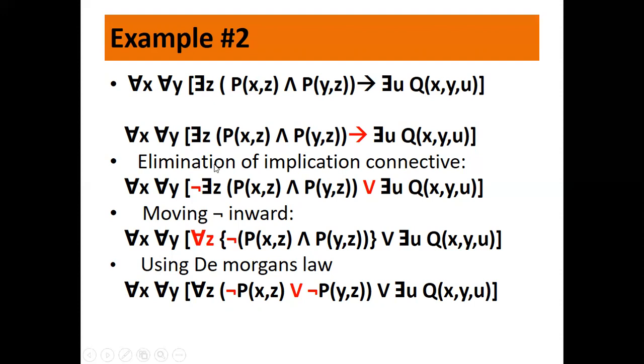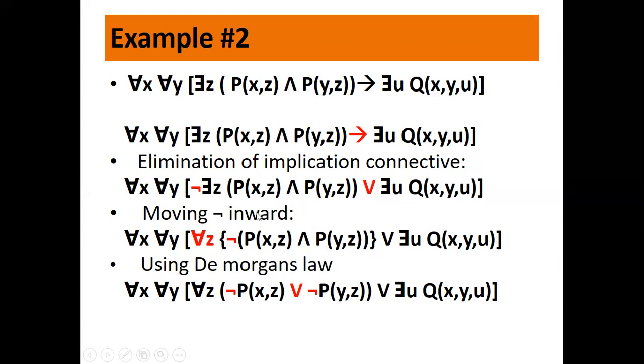So to move the negation inward, there exists z gets converted to for all z, and its scope is given in the braces. Now it is negation of p x z and p of y z, or there exists u, q of x, y and u. Is it clear?